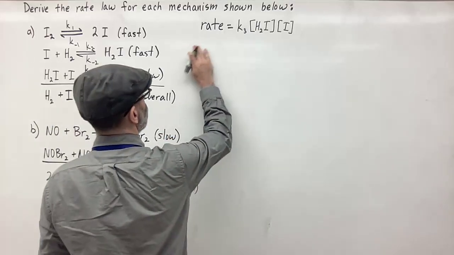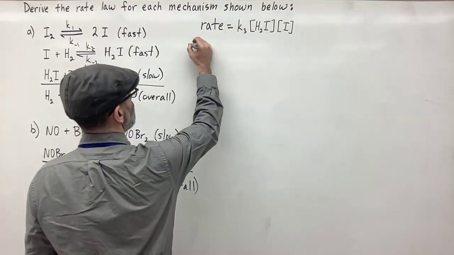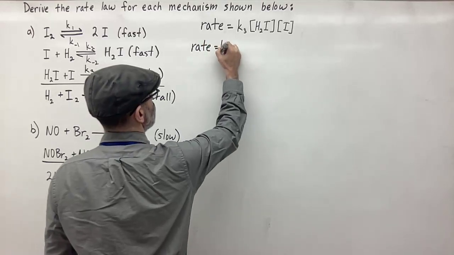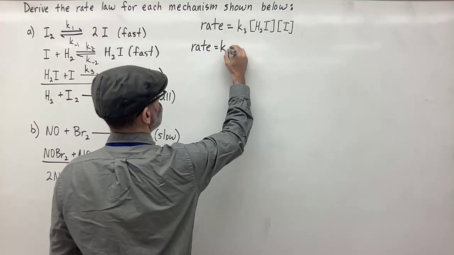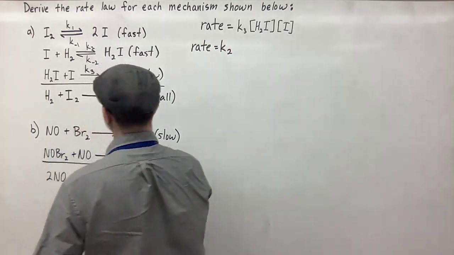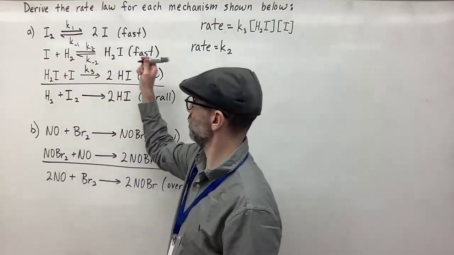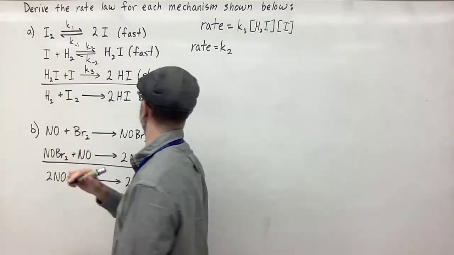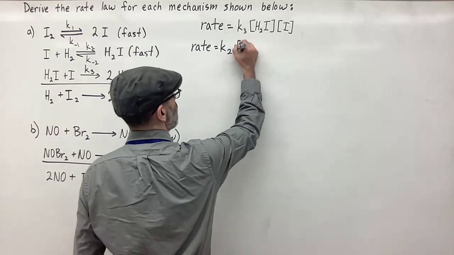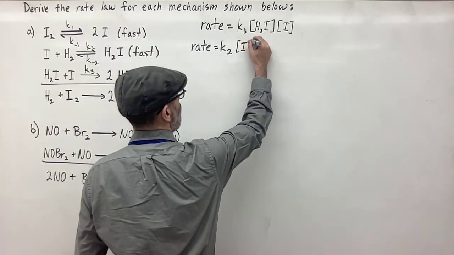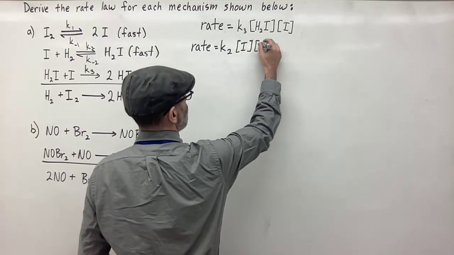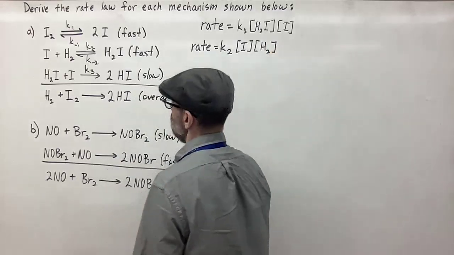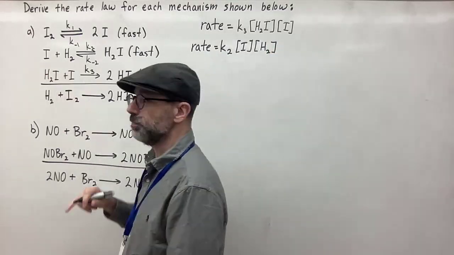The rate is equal to K2, that's the forward. Looking at the forward reaction, we use K2, and the reactants are I and H2. So it's multiplied by the concentration of I, multiplied by the concentration of H2, both raised to the power of 1, since the coefficients are 1 and 1.